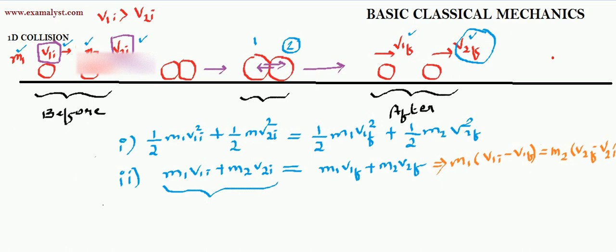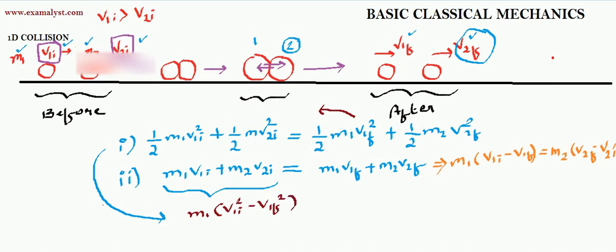Now look at this particular equation, that is equation number 1. Equation number 1 can be written in a fancy manner. If you take v1f to the other side, then what do we get? And you cancel the half everywhere, then you get m1 (v1i square minus v1f square).